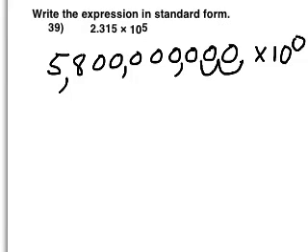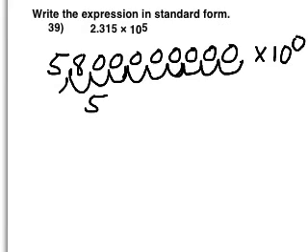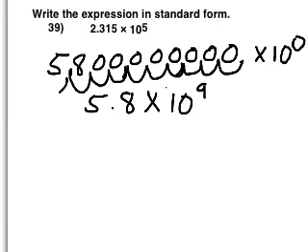So we have 1, 2, 3, 4, 5, 6, 7, 8, 9. 9. So we'll change this to 5.8 times 10 to the 9th. Oops, where's my 10, right? Times 10 to the 9th power.